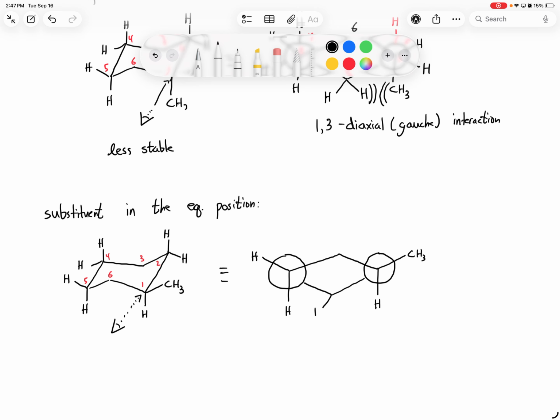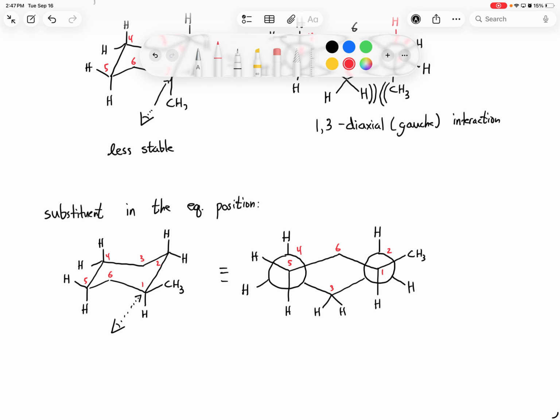Remember there's these two H's now in the back here. Okay, so now the back carbon, all the H's are staggered. And now we can number the carbons again. 1, 2, 3, 4, 5, 6.